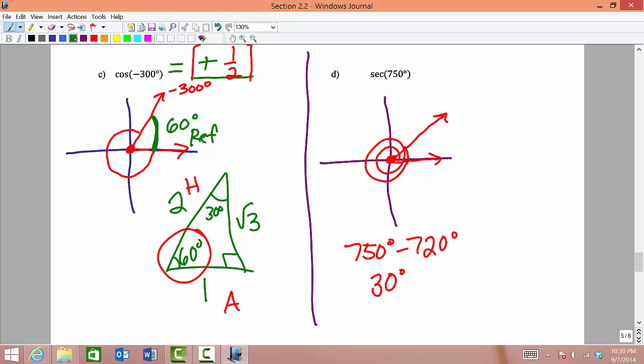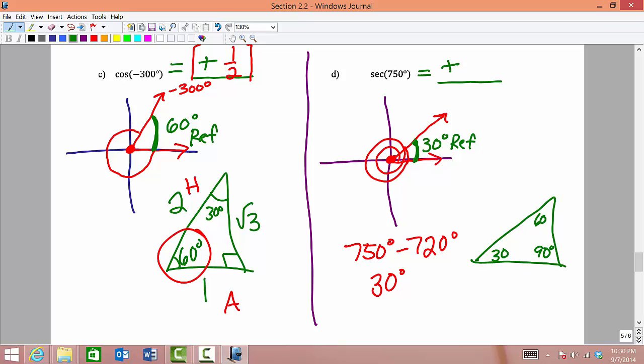Once again, without actually doing another calculation, we can tell that the distance between the nearest x-axis and the terminal side would be 30 degrees. So here we have our reference angle, and we also know that we're living in quadrant 1, so secant is positive. And let's draw our special triangle, our 30, 60, 90.